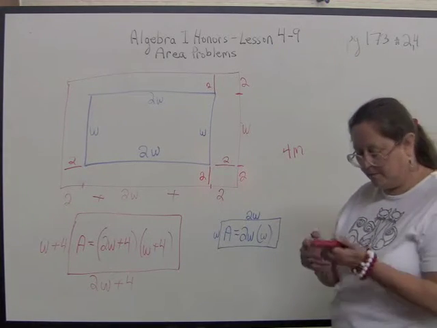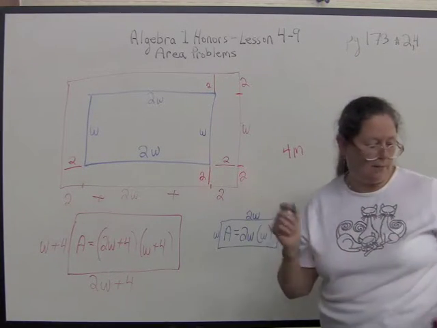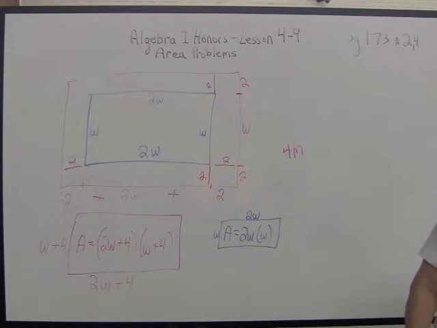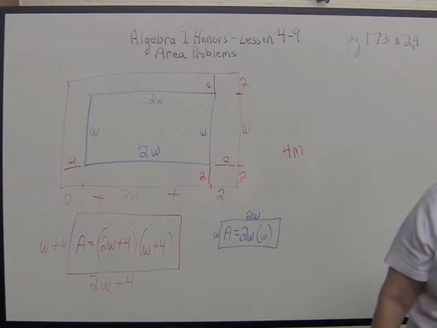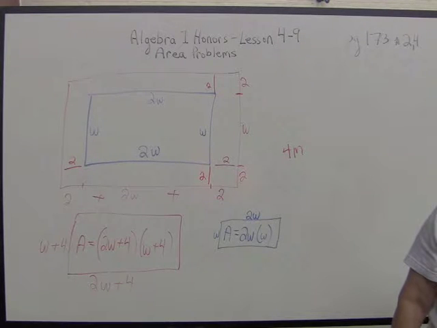Okay? Now, then we'll go back and let's read and see what else the problem says. It says, okay, if the dimensions are both increased by 4 meters, the area is increased by 88 meters.